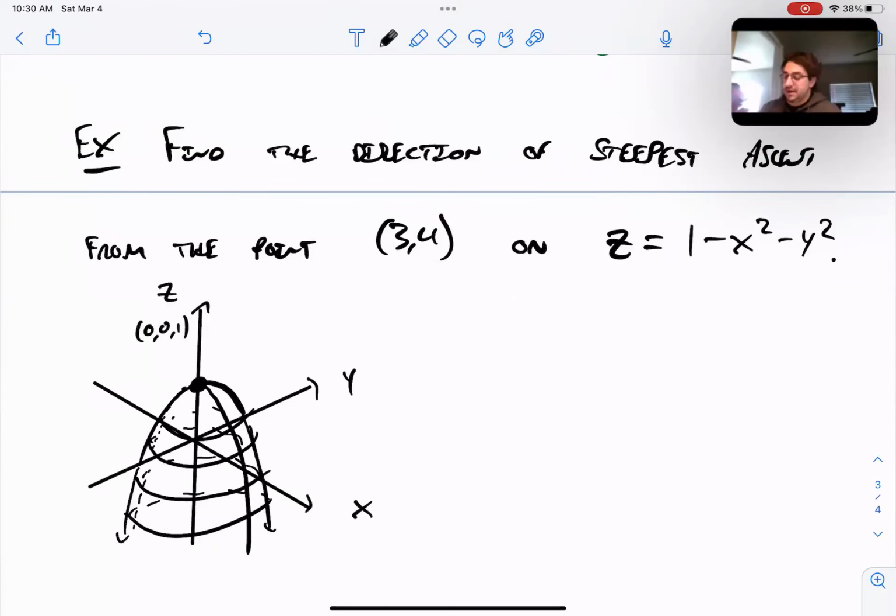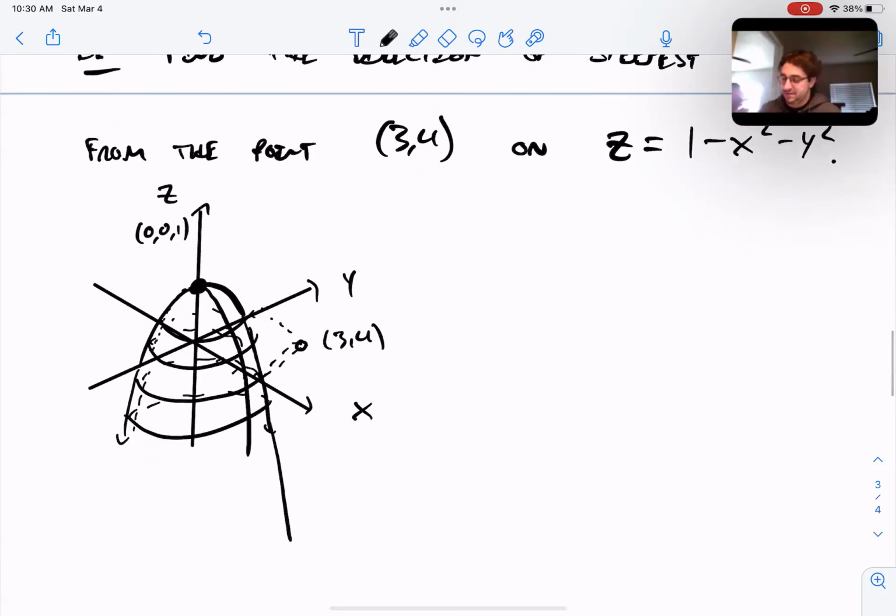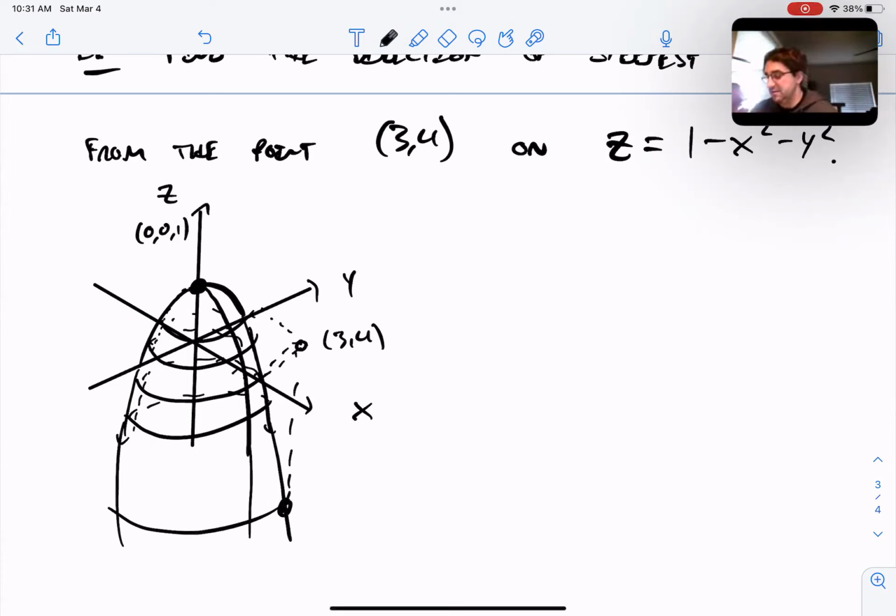And then what do I have? I have this point (3, 4) out here, and then I want to go down to that point on the surface down here. And I want to find the direction of steepest ascent from that point.